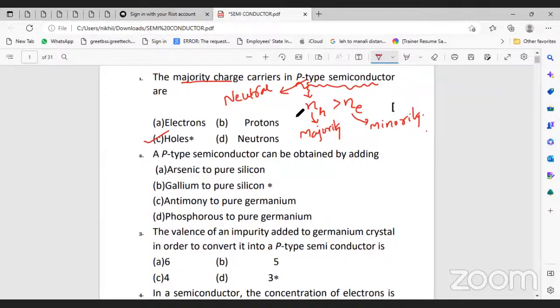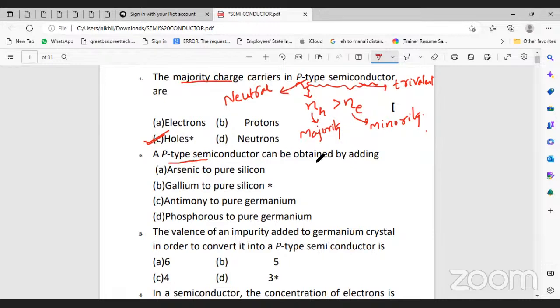You remember that. And we obtain the p-type semiconductor by doping with trivalent elements, like gallium, indium, boron, like that. So option C is the right answer.